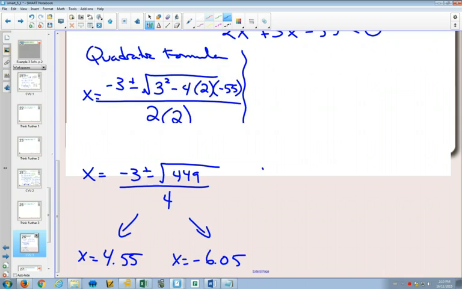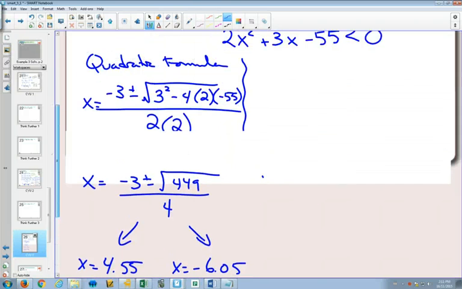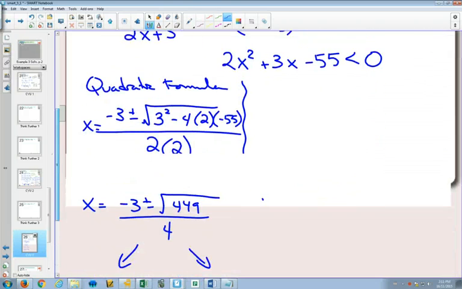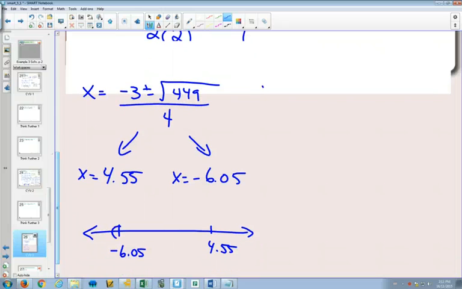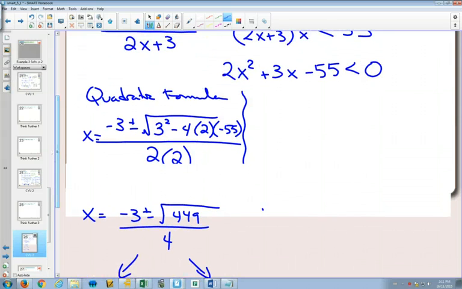And we would have our number line, and we put negative 6.05 on there, and 4.55 on there. We look back at our original equation, and since we need it less than 0, these would both be open circles. And looking back at our original equation, we have a parabola that opens up.